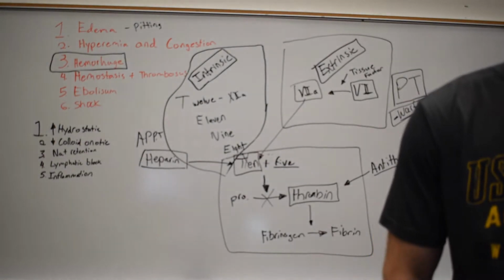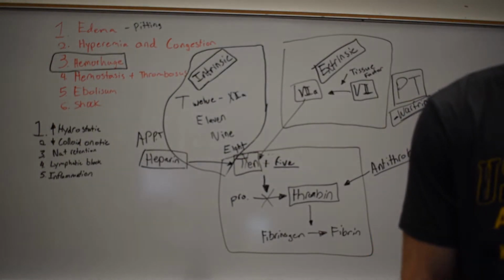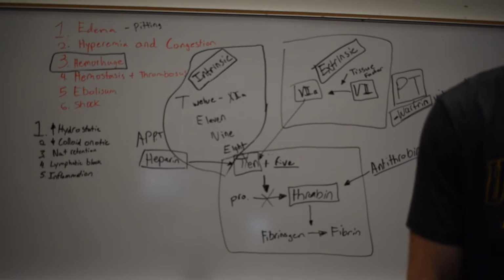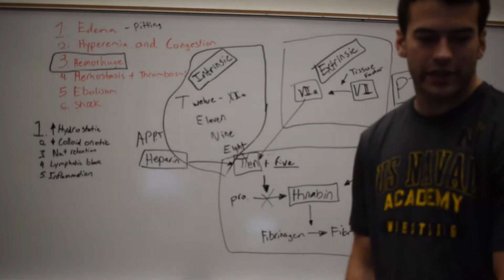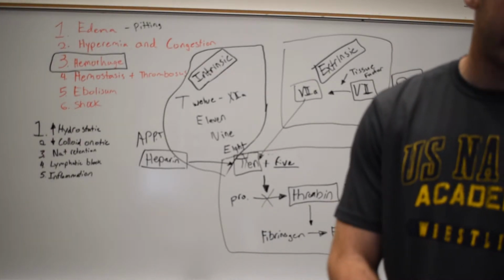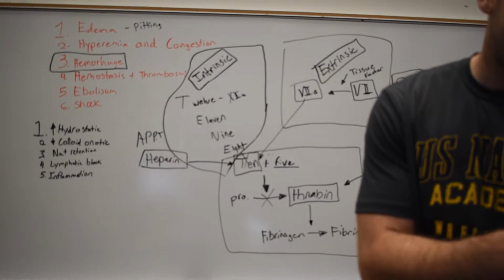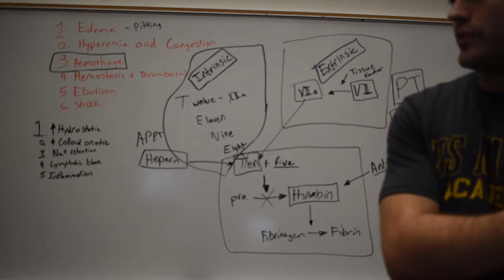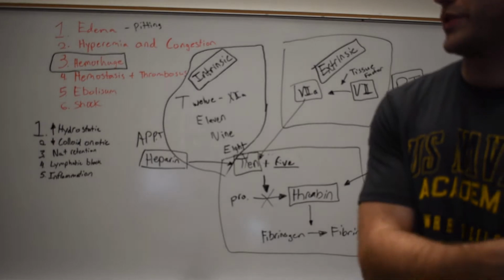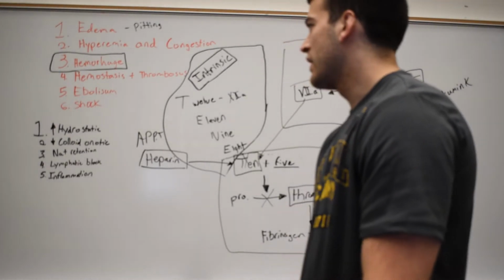All right, I'd also like to point out that in DIC, or disseminated intravascular coagulation, there's a test called the D-dimer. It also is used to diagnose DVT, or deep venous thrombosis, and pulmonary embolisms.